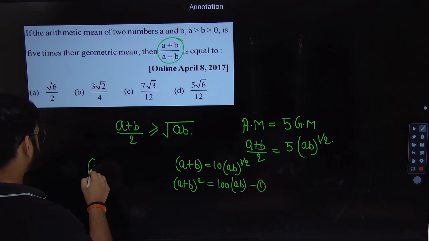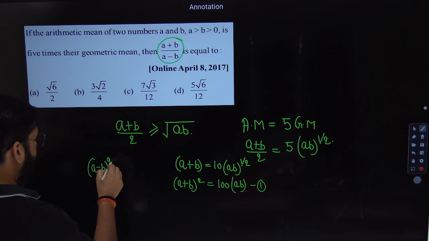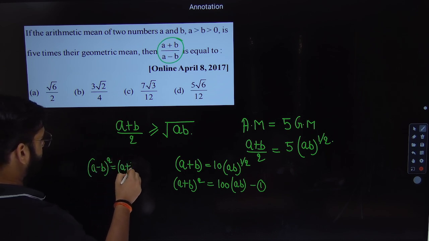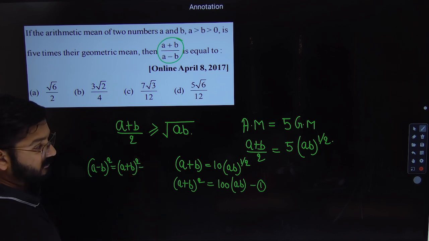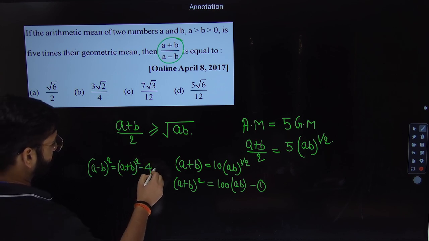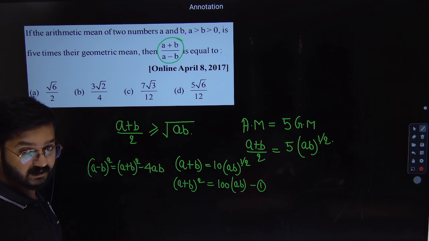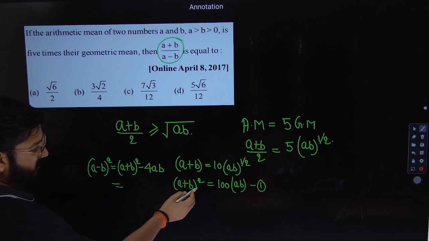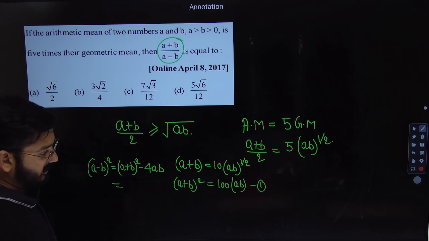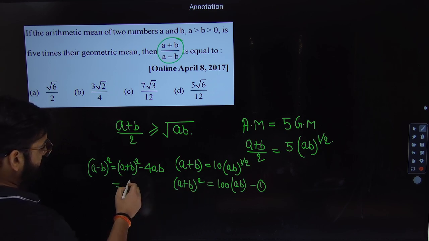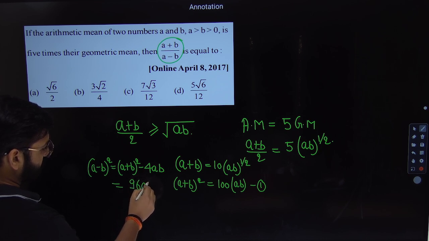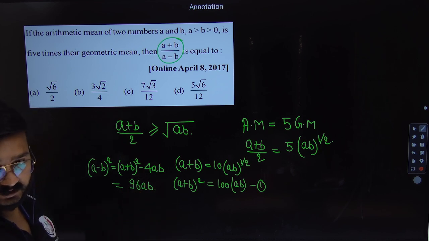Now what will be a minus b whole square? A minus b whole square is a plus b whole square minus 4ab. So a plus b whole square is 100ab, minus 4ab, 96ab.